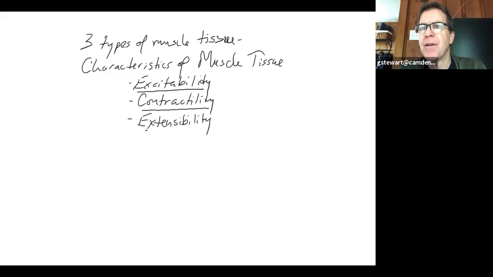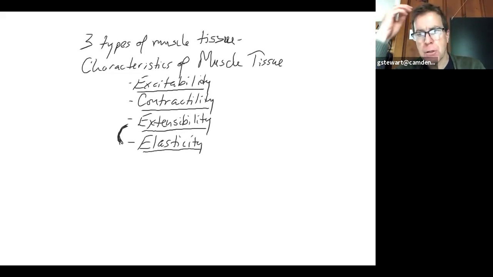A lot of these words sound the same, but they're different. So it sounds like excitability, but extensibility means these cells or tissue are able to extend or stretch. So think of extending, stretching. Next characteristic is elasticity. These two go hand in hand, by the way.